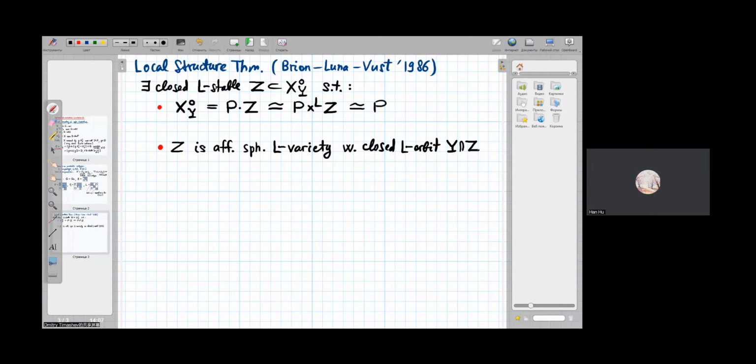It is isomorphic just to a direct product of the unipotent radical of P cross Z.